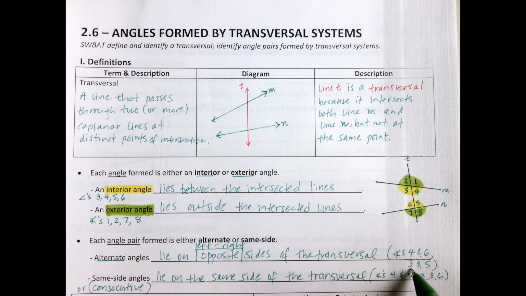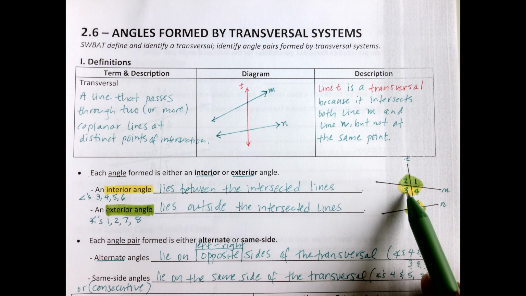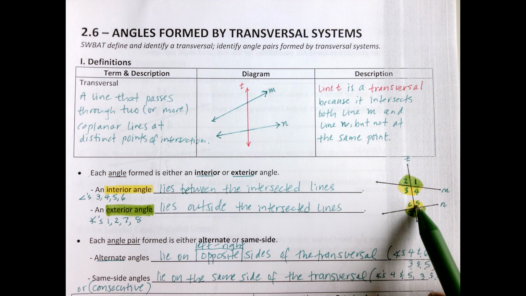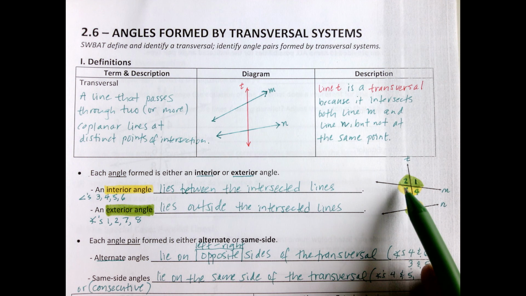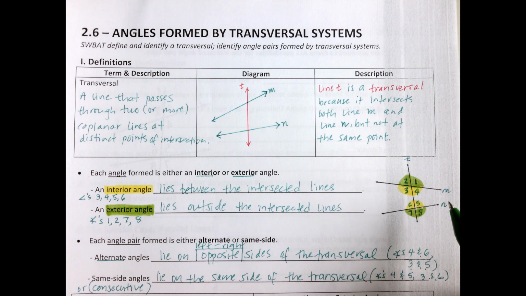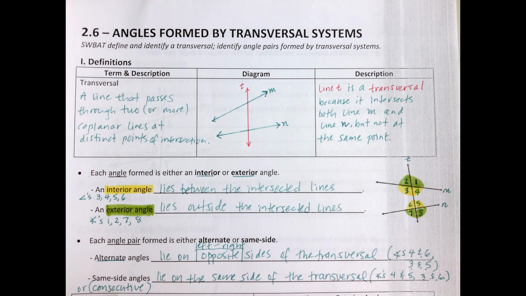Same with 3 and 5. 3 falls to the left of the transversal, 5 is to the right. That's why they are alternate interior angles. Same side angles, for which another word is consecutive.